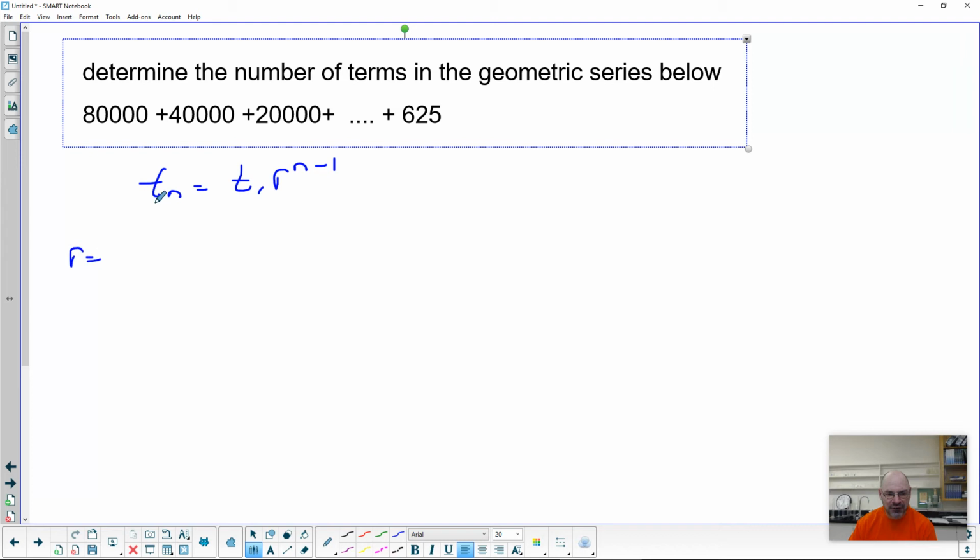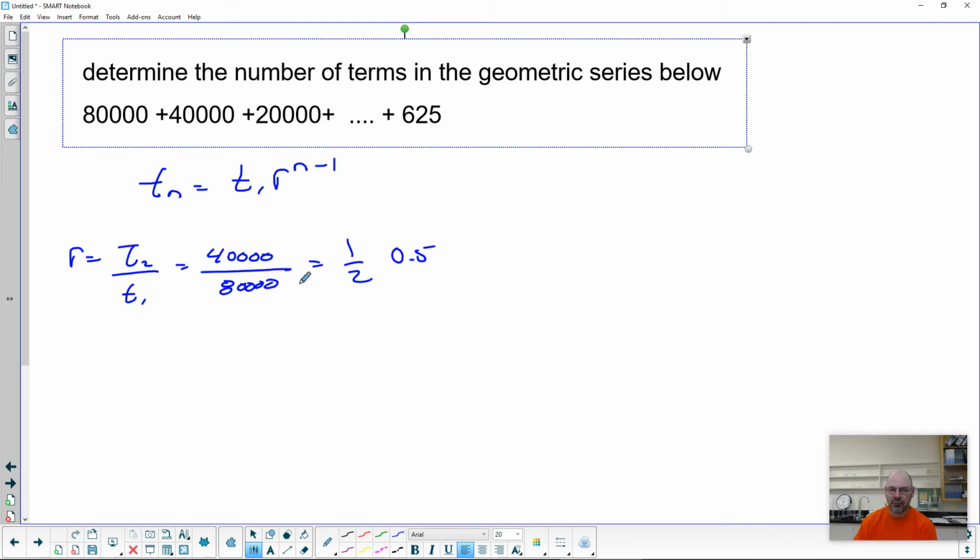R is always equal to the second term divided by the first, T2 divided by T1. In my case, that's 40,000 over 80,000. That equals 1 over 2, or a half, 0.5.